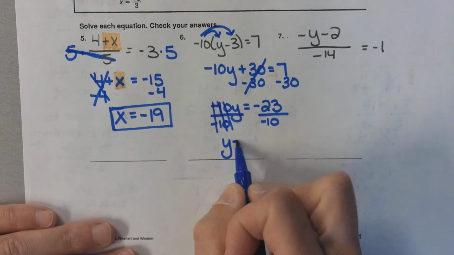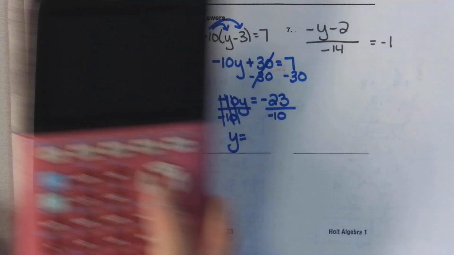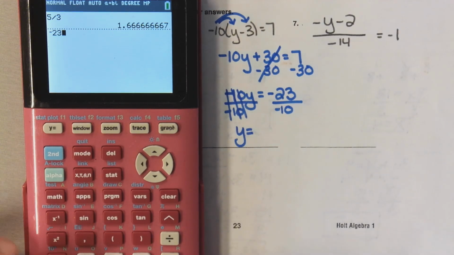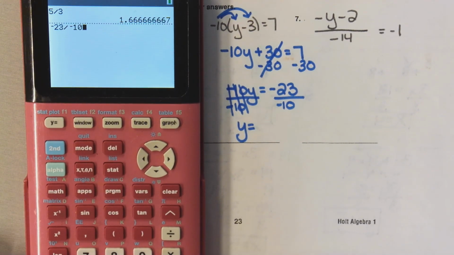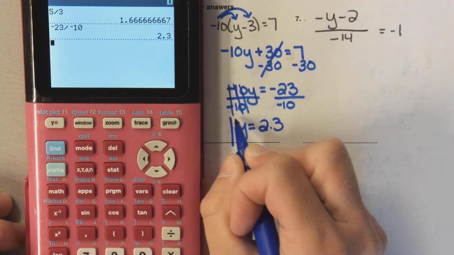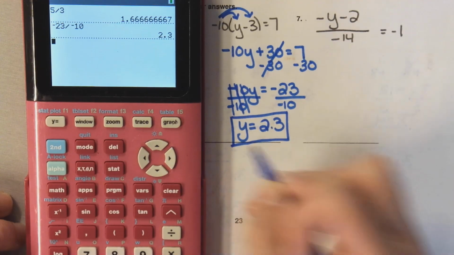So y equals, on your calculator, you're going to go negative 23 divided by negative 10. Make sure you know how to type them in, because the technology is nice, but if you don't know how to use it, then it almost doesn't matter that we have it. Hit enter. Do you get 2.3? Okay. And again, we can double check our work if we want to by plugging stuff back in.